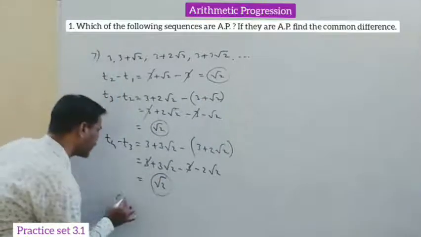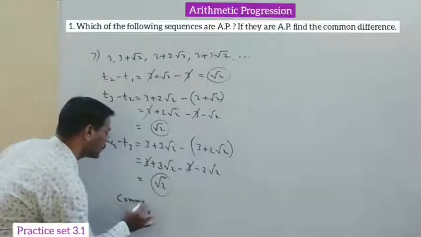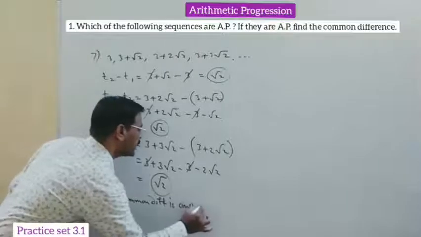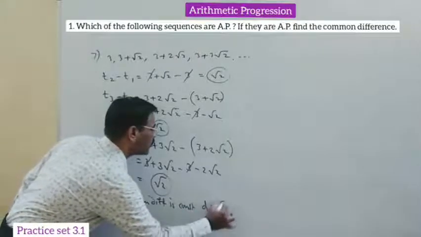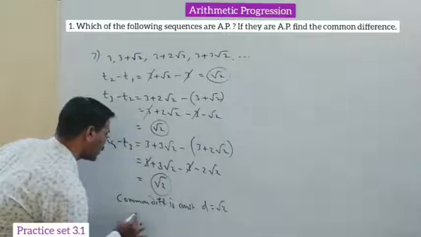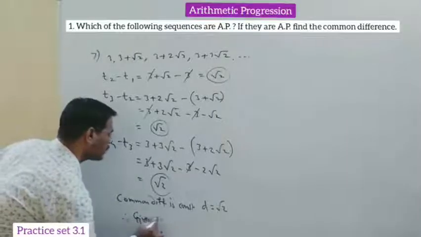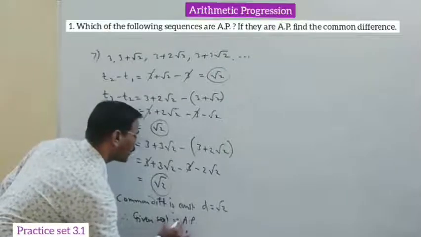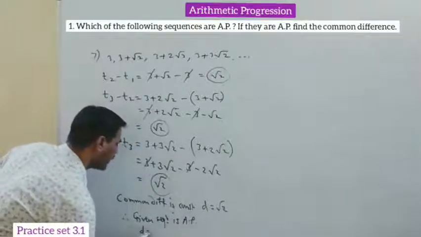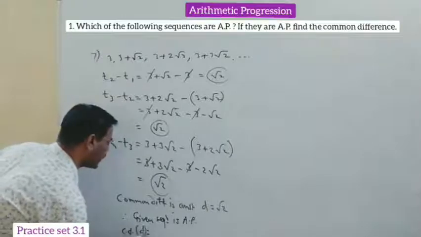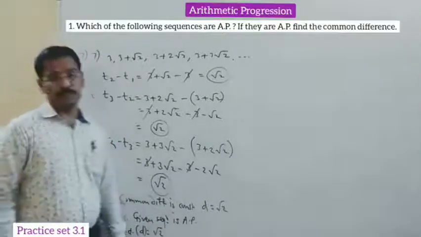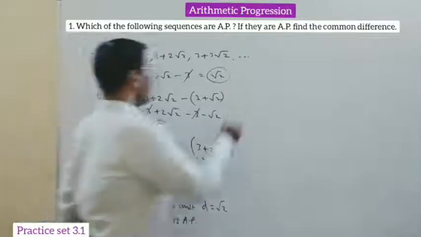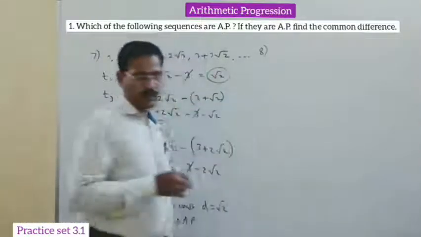So we'll write here, the common difference is constant. That is what? d is equal to root 2. Therefore, the given sequence is an arithmetic progression. Therefore, we can write here that d, which is the common difference, is root 2. See friends, every time I have to observe here. Okay, now the eighth one, which is the last of this question. What is that?